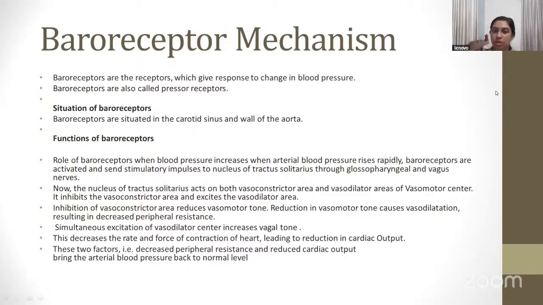So in order to reduce the blood pressure, it has to inhibit the vasoconstrictor center and stimulate the vasodilatory mechanisms. Inhibition of the vasoconstrictor area reduces the vasomotor tone, and reduction in the vasomotor tone causes vasodilatation. Due to the vasodilatation, peripheral resistance will be reduced.